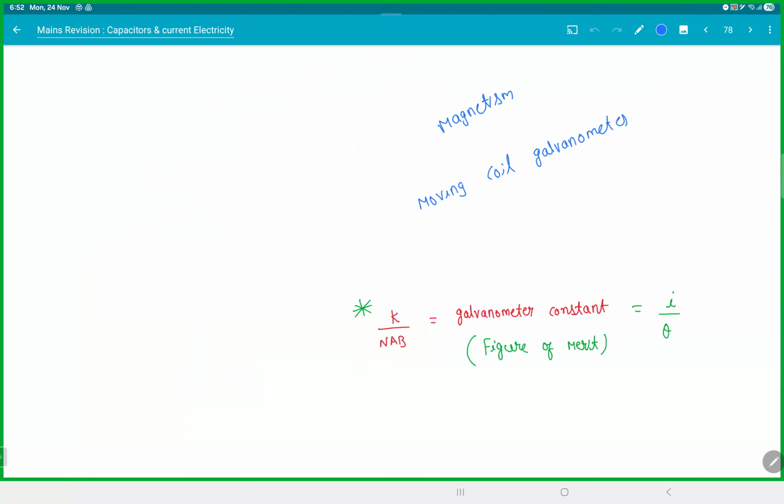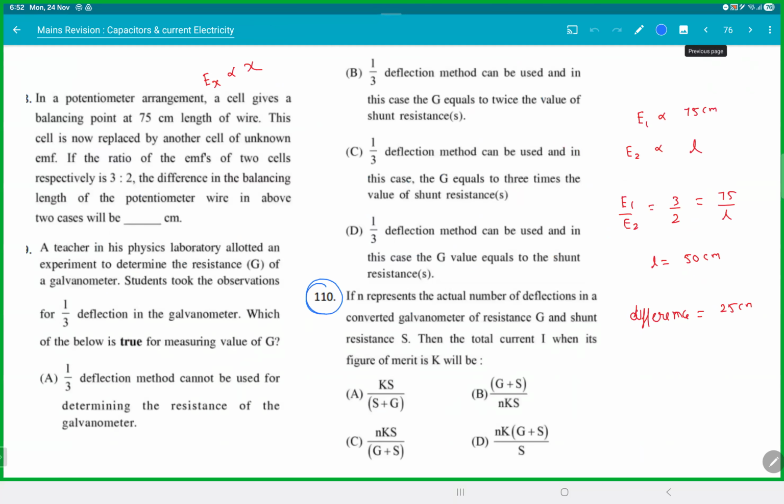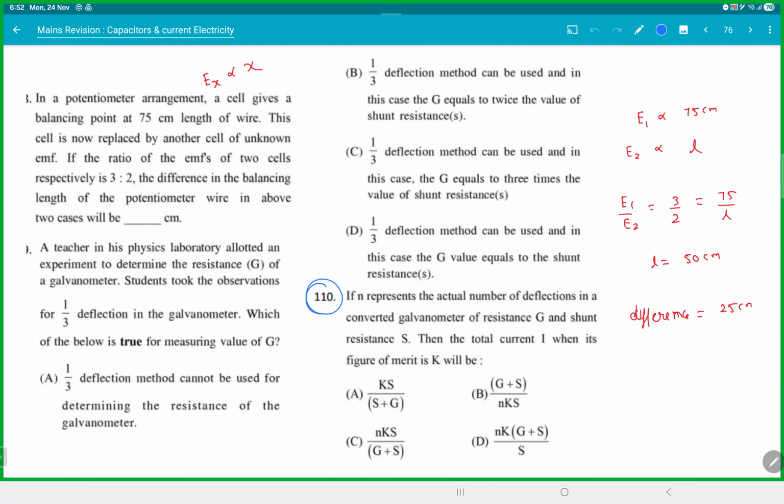I was reading that question only wrong. Where was that? This one. I was trying to find the figure of merit. The question was find the current. It clicked to me later. So listen to this thing also. I'm forgetting this. Let me teach you right now.